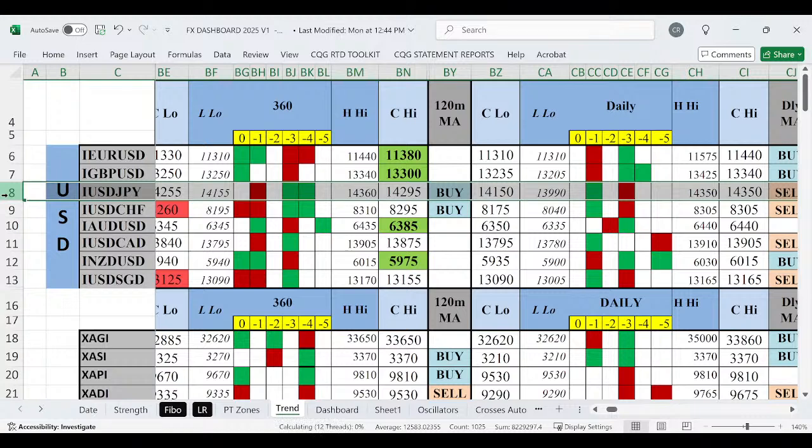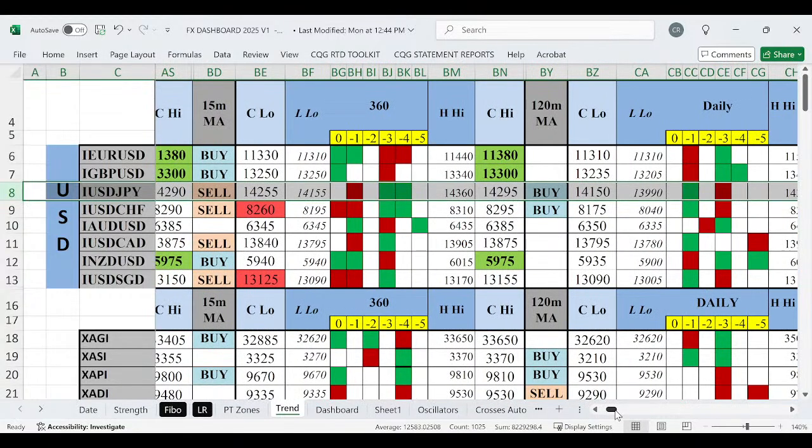Okay, so here the dollar yen, right now this is your 360, your previous 360 was down. Okay, and the daily has been up. The range is between 141.50 and 143.50 on the daily.